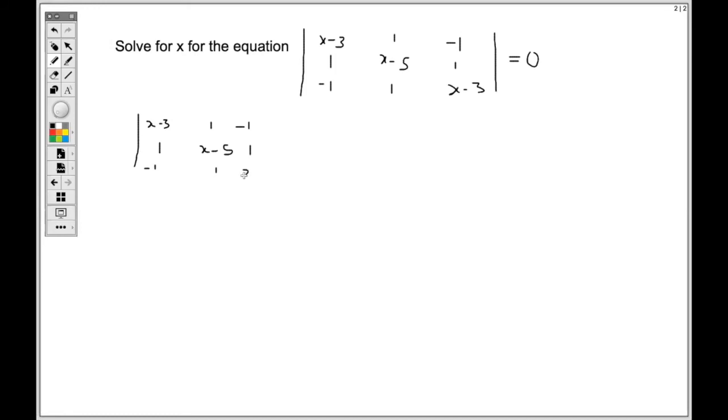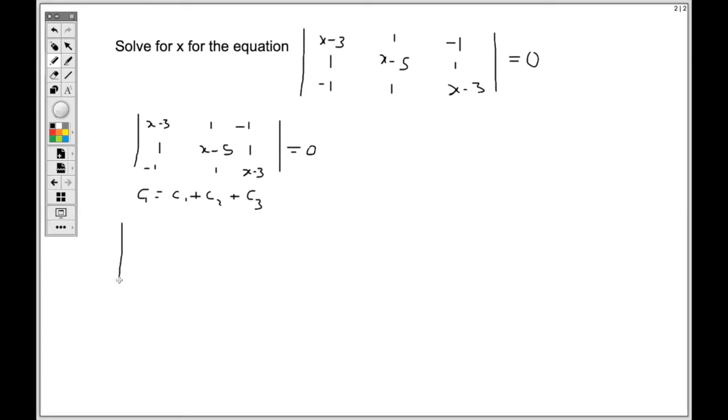Now, we could have added the rows, row 1 plus row 2 plus row 3. You could have done that, but I'm just going to stick to adding the columns. So column 1 is equal to column 1 plus column 2 plus column 3. And doing this, I'm able to get the first column to be the same expression.